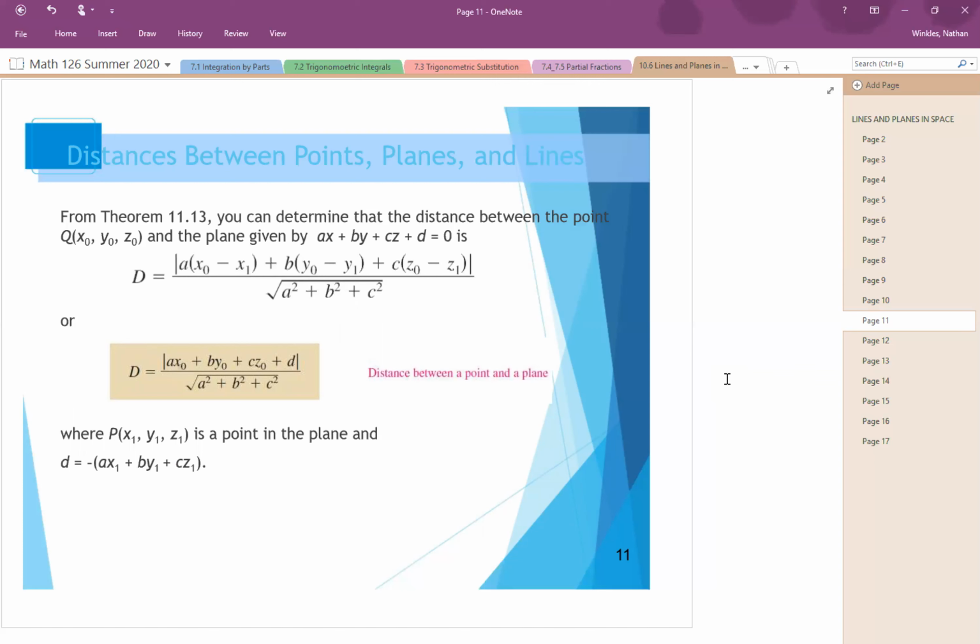Or the distance between a point and a plane, D equals the absolute value of ax0 plus by0 plus cz0 plus d, which is just simplifying this form, divided by that square root, where P with the point x1, y1, z1 is a point in the plane, and d is equal to minus of ax1 plus by1 plus cz1.